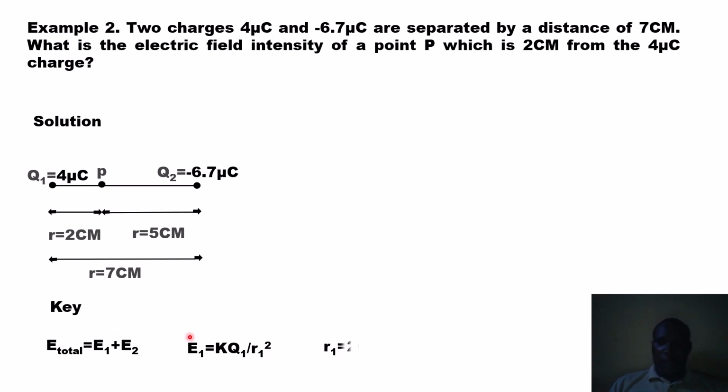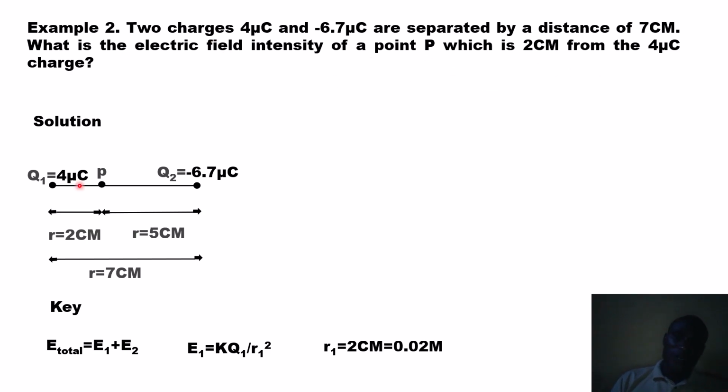So we now have our r. For the first r, you are dealing with this point P first, because the question says, what is the electric field intensity at a point P, which is 2 centimeters from the charge.